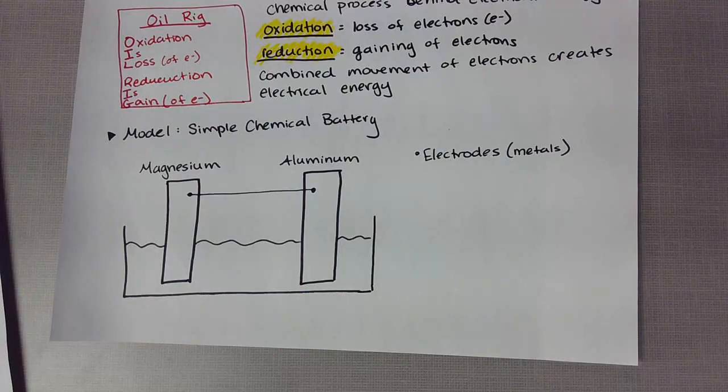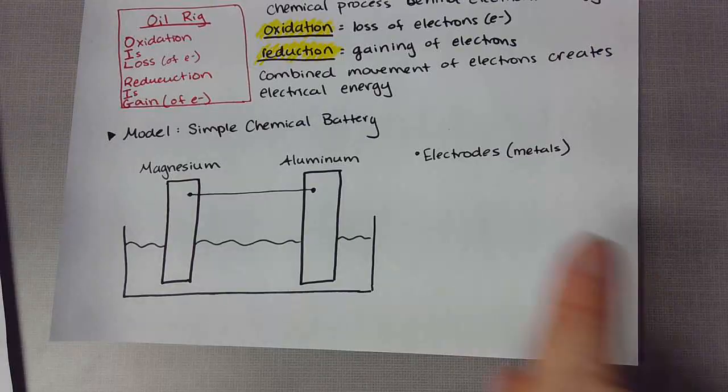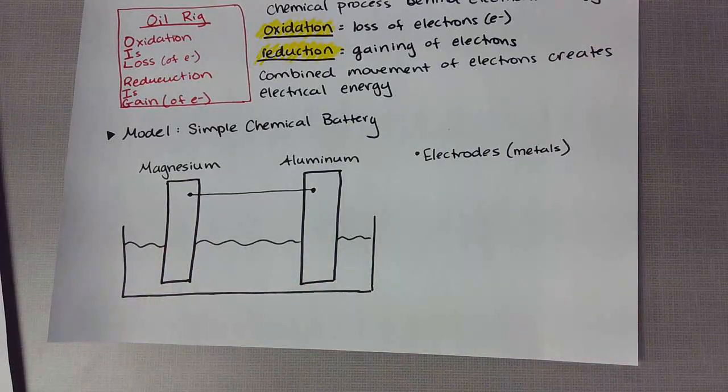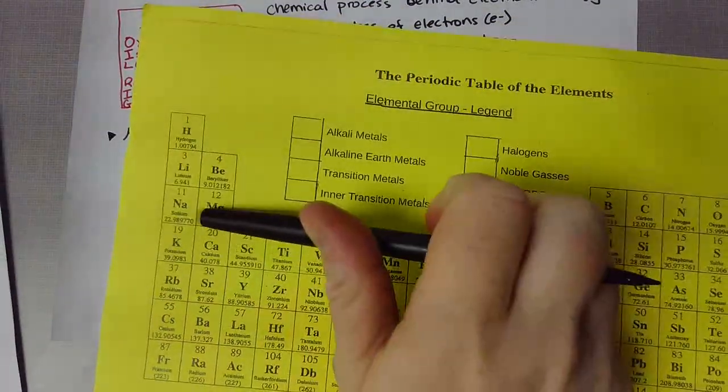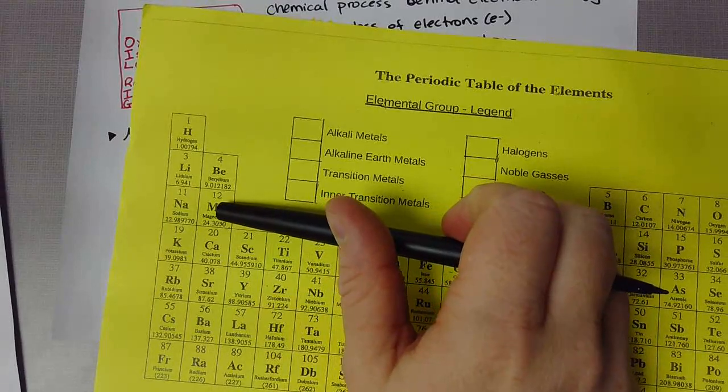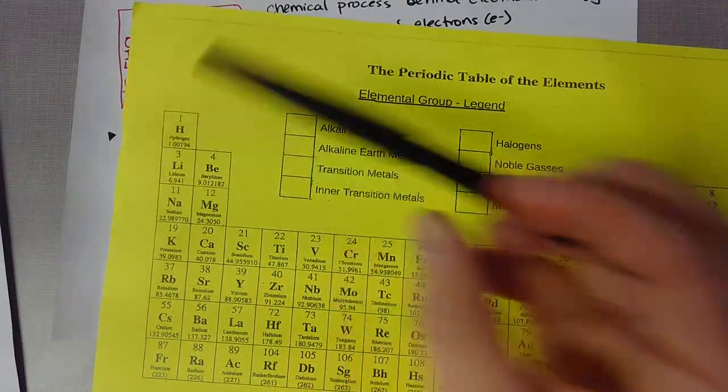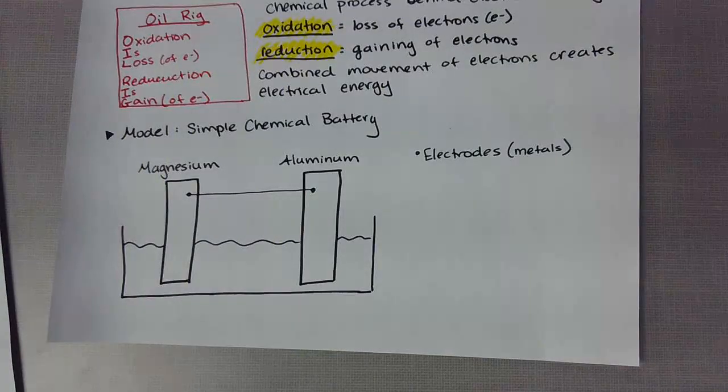So if we go back to what we reviewed yesterday, and we focus in on magnesium. Magnesium is element 12 on the periodic table. It's in column number 2, which means we know it has 2 valence electrons.